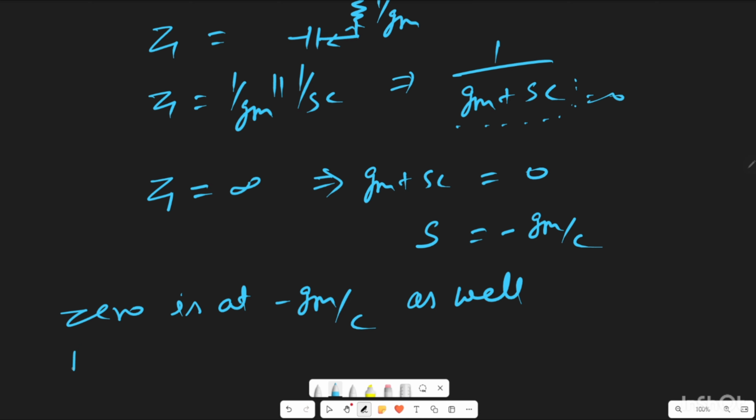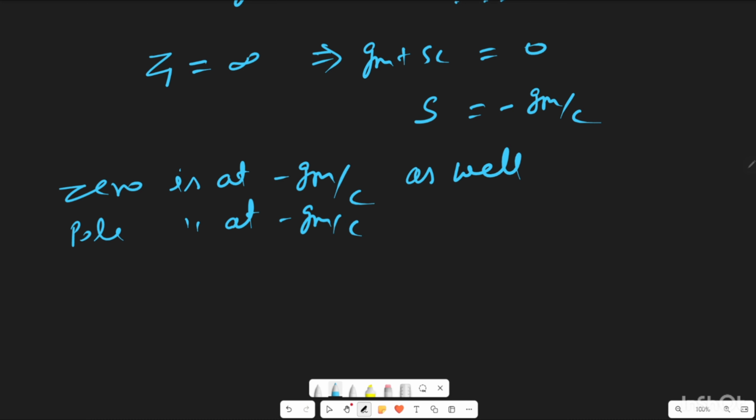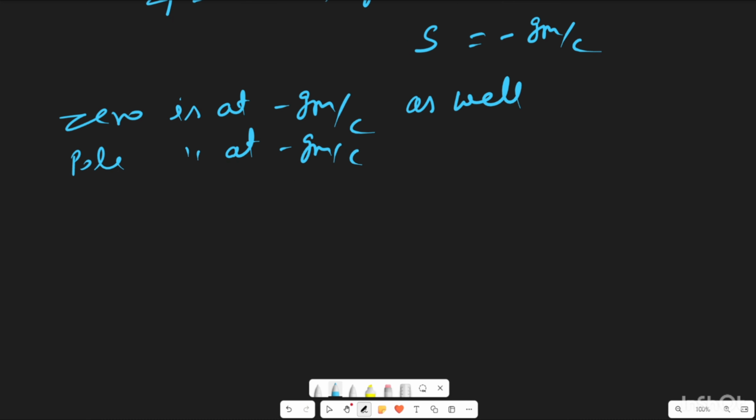The pole is also at minus Gm over C. So both pole and zero are at the same frequency and we have only one pole and one zero. So what type of transfer function will it have? It will have an all-pass type of transfer function, because both are the same, so it will go flat like this, because the pole will try to push down and the zero will bring it back.